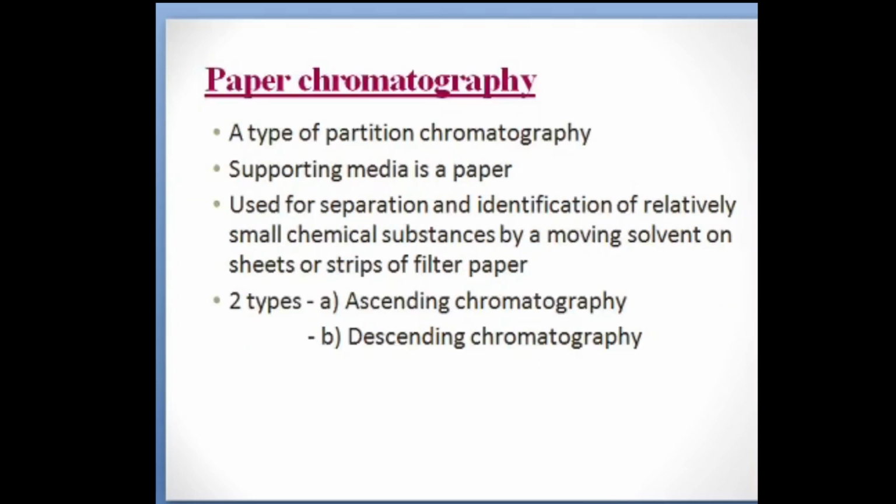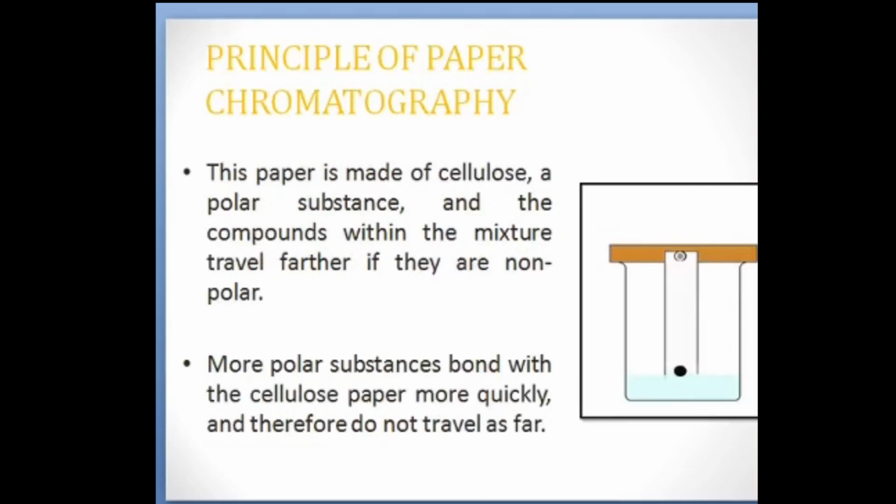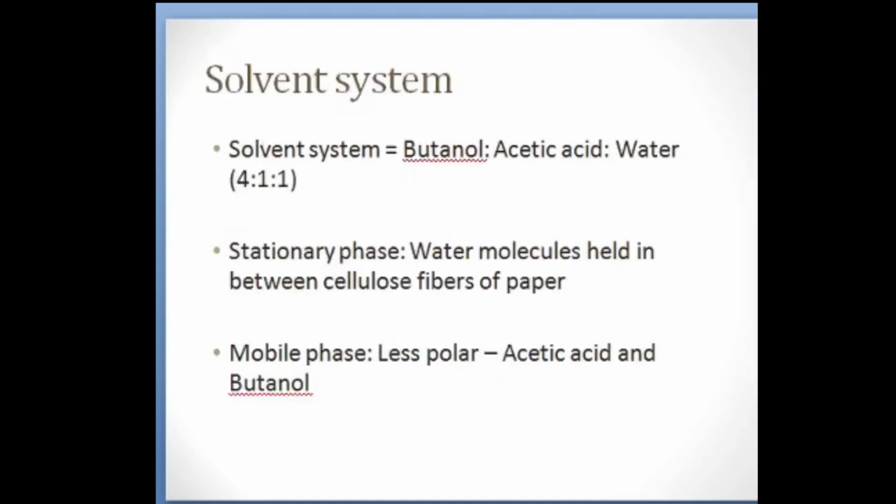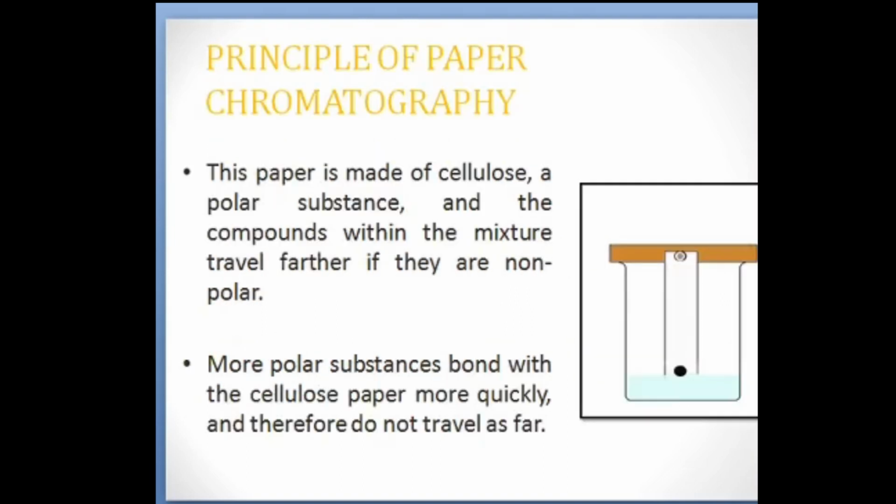In this paper chromatography, as I told you, the paper is made of cellulose, and we have a solvent system made of butanol, acetic acid and water in the ratio of 4:1:1. Now you have to remember, here in paper chromatography, we are using a paper made of cellulose. This is a supporting medium.